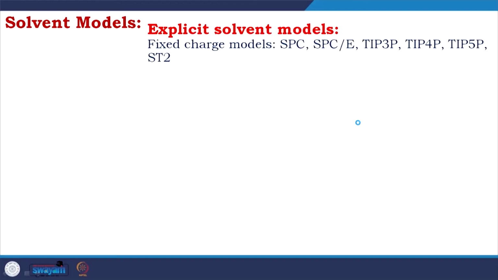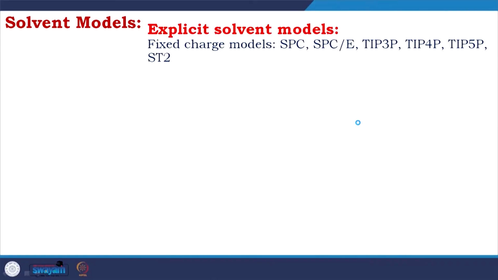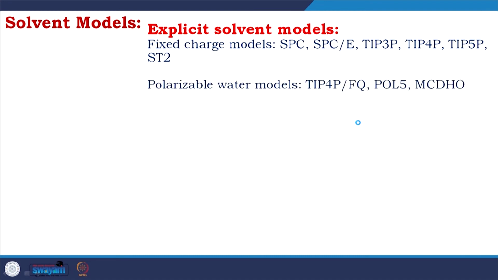There are two types of explicit solvent model. Fixed charge models, where the solvents are charged, but it is not considered that this charge influences others, like SPC, SPC/E, TIP3P, TIP4P, TIP5P, ST2 and so on. Polarizable water models, or charge models, where they are charged and they influence others; TIP4P-FQ, POL5, MCDHO are the examples.